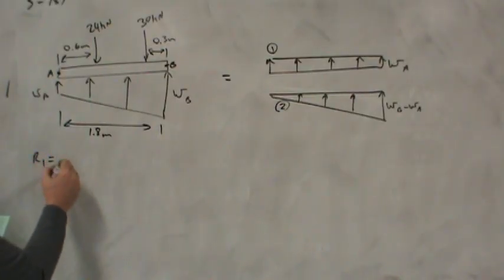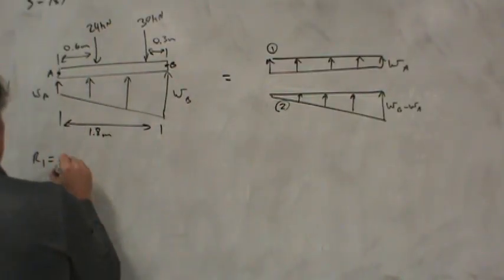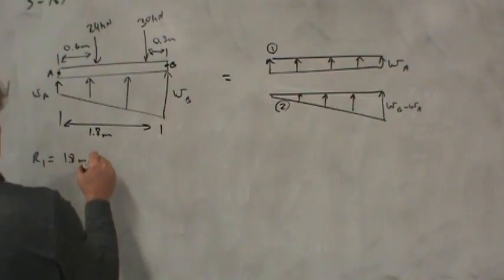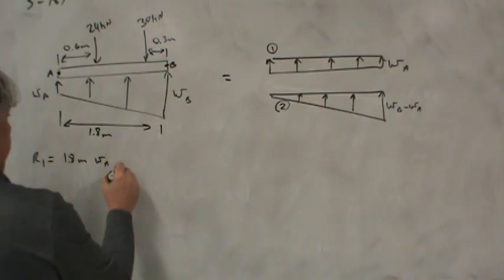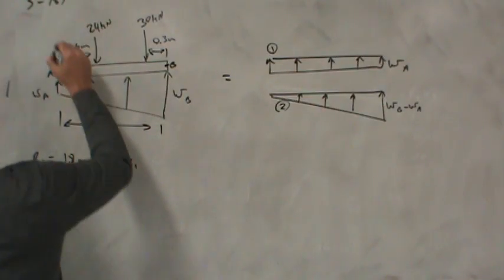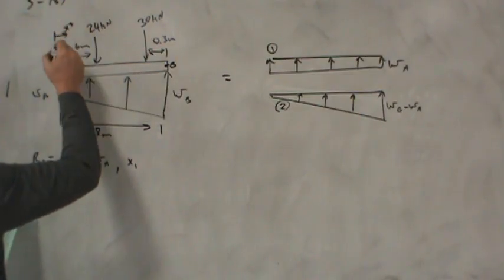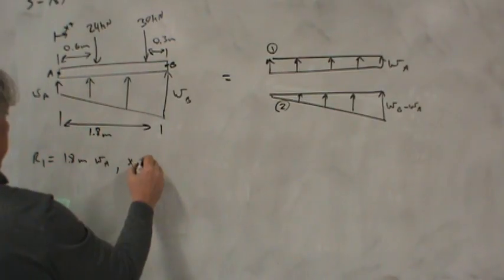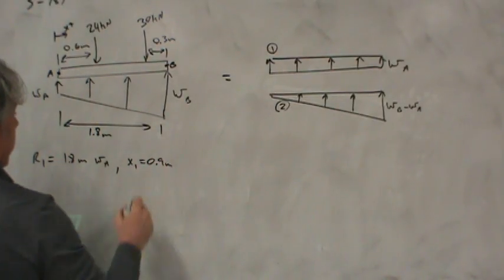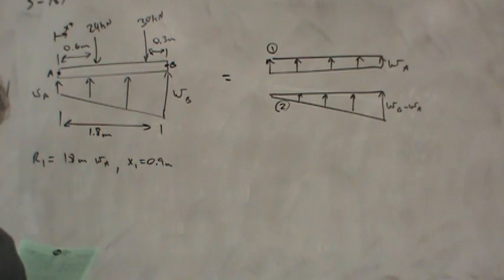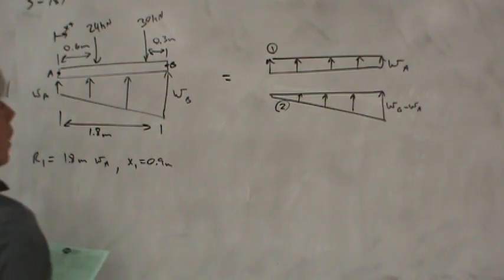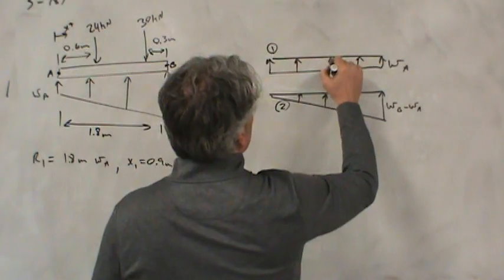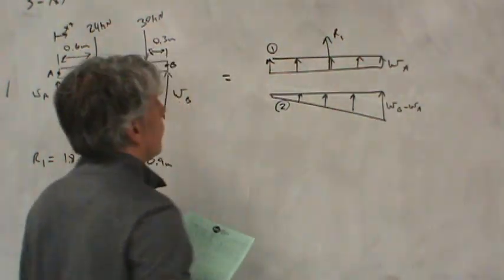Now the total resultant from 1 is 1.8 meters times WA. Its location, if I take x positive from A, is just half the length, so that is 0.9 meters over, halfway along the way.